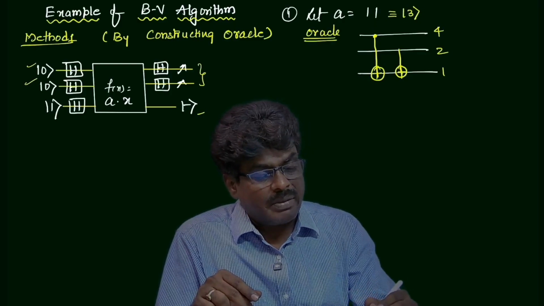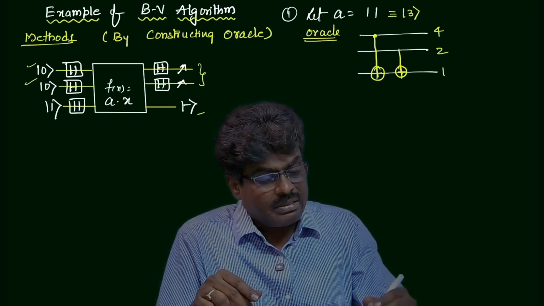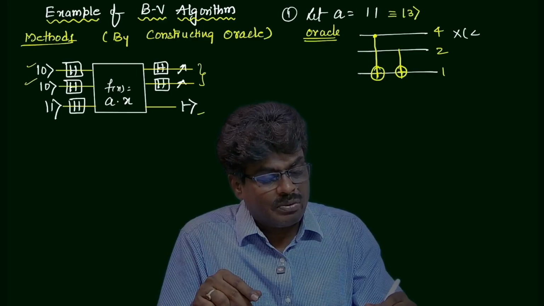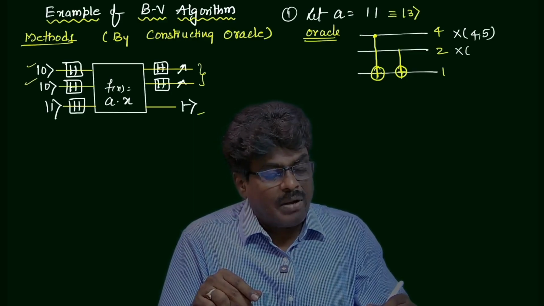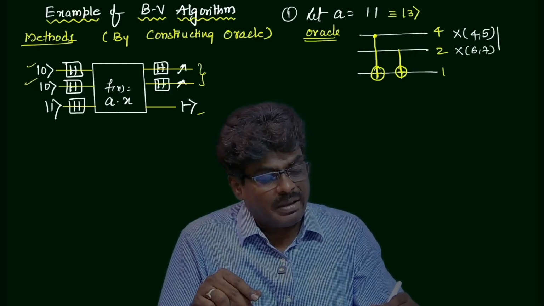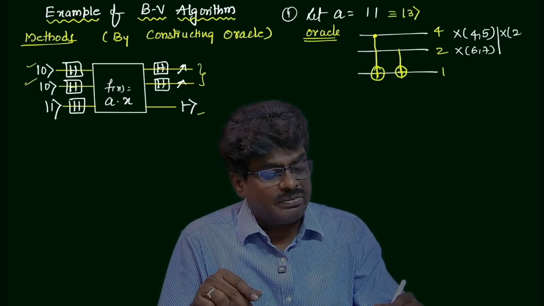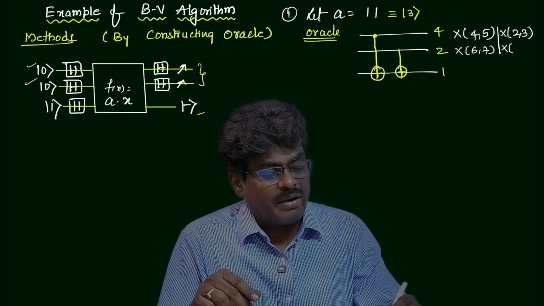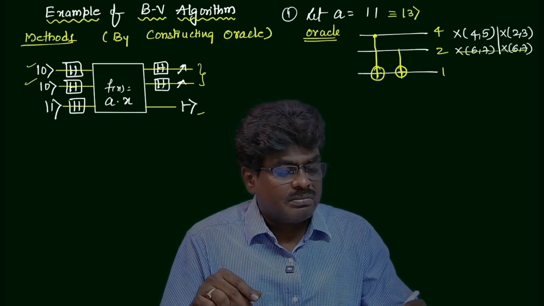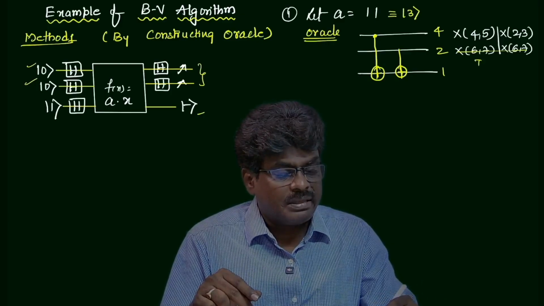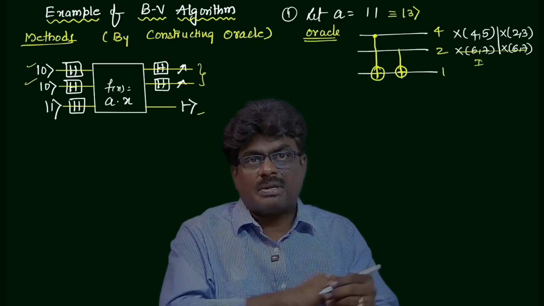Let me write these operations. This is X with 4 to 1 meaning 4,5, and you have to add 2: 6,7. And X of 2,3, and you have to add 4 now: 6,7. Multiplying these two gives identity on 6,7.